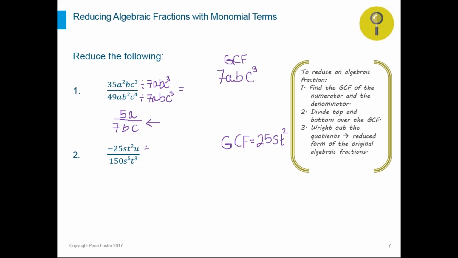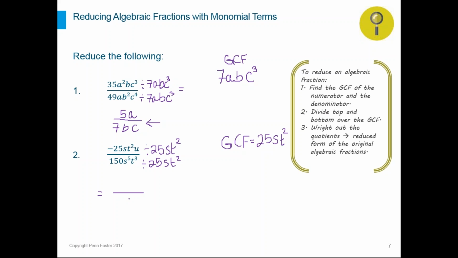Divide 25 over 25st squared and divide over 25st squared, and write the fraction in reduced form. So we're going to have top and bottom. Sometimes the denominator is a 1. So in this case, we're just going to have an answer with no fraction form.